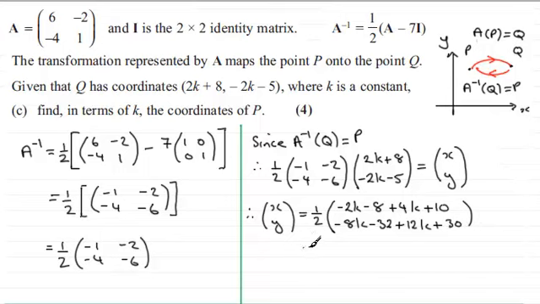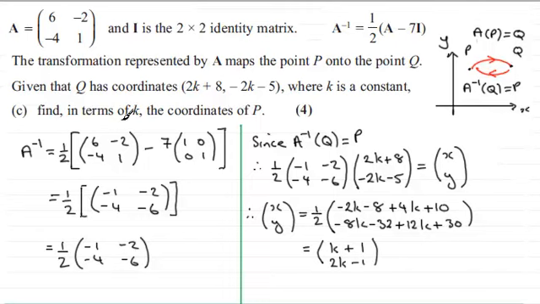And simplifying this gives us, well, we've got 4k minus 2k, which is 2k, halve that, and you have just k. And then minus 8 plus 10 is 2, half of 2 is 1, so k plus 1 there. And then for y, the bottom row, we've got 12k minus 8k, which is 4k, halve that, that's 2k. And then minus 32 plus 30 is minus 2, halve that is minus 1.